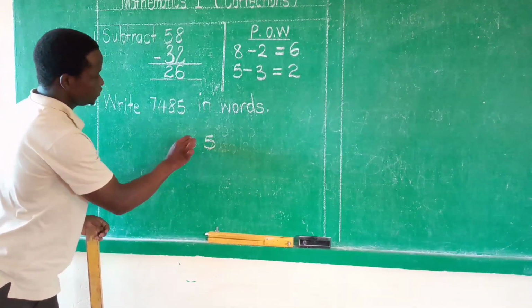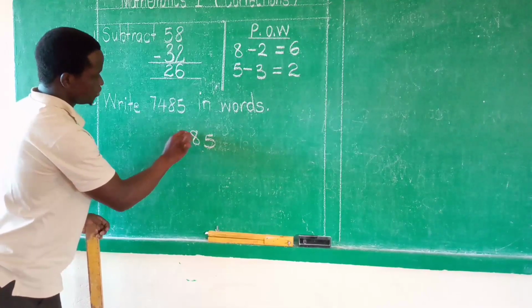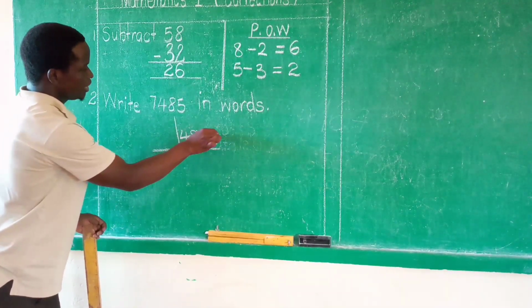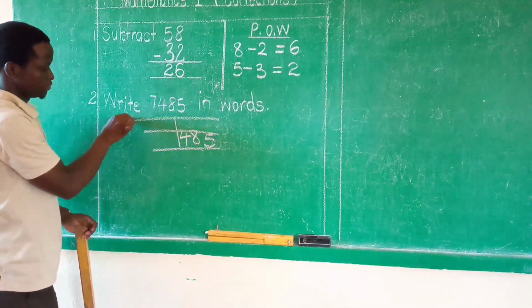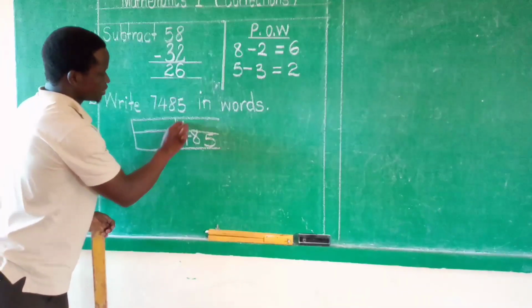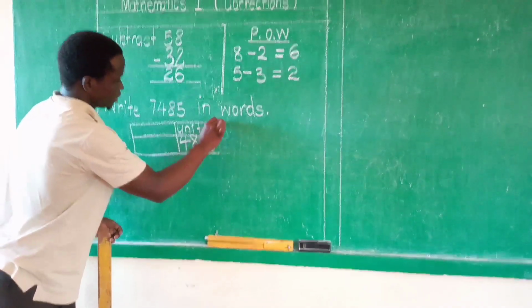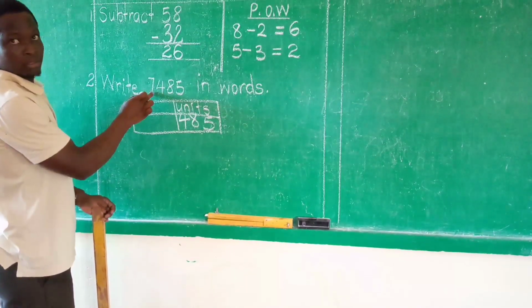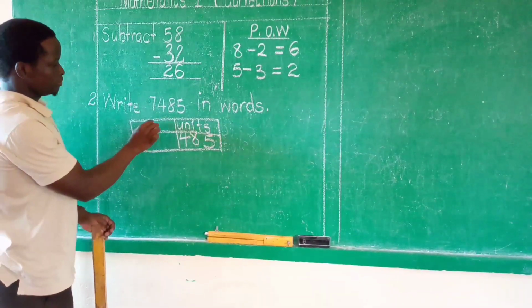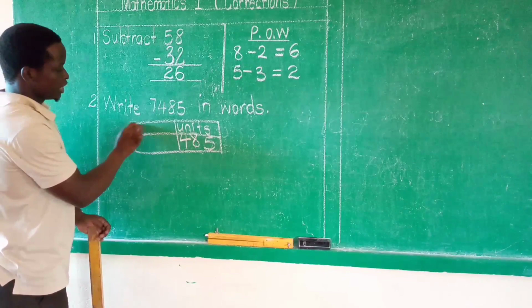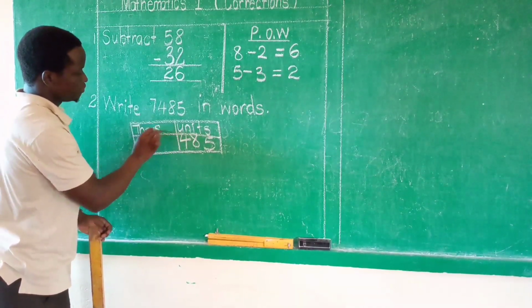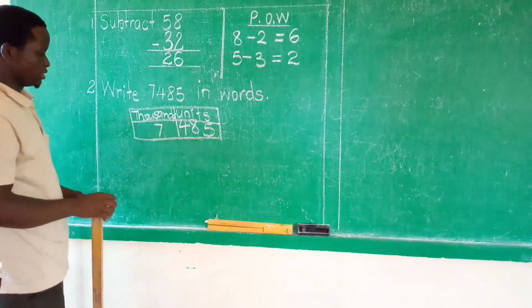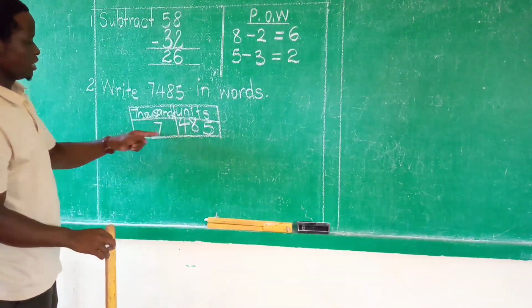So 4, 8, and 5 are under units. Then the next 3 would be under thousands. Here we have only 7. Hope you can see this is under thousands.